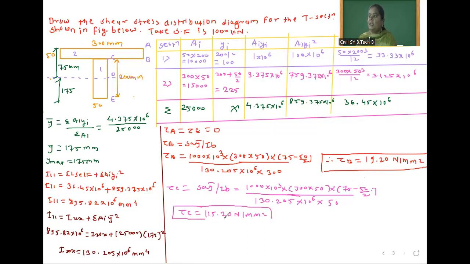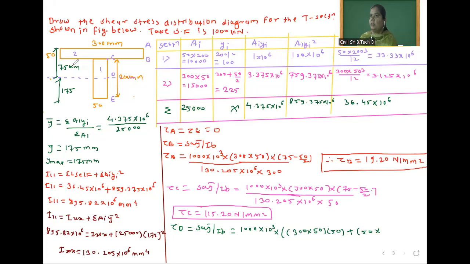After that, last point is remaining, that is shear stress at neutral axis. So tau is equal to SA y bar by IB, which is equal to 1000 into 10 to the power 3 into, here two strips will be there. The first one is 300 into 50 into centroid of this, which is 50, okay, plus 50 into this distance.